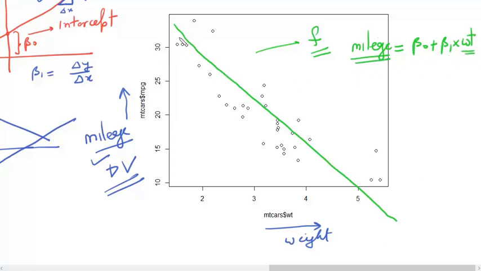Beta naught is again my intercept, which might be this point, so this distance is my beta naught. Similarly, beta 1 is my slope of the line, how much I rise for a unit increase in the x coordinate. You can see here it has a decreasing trend, and hence beta 1 will be negative in this case. So in a simple linear regression, beta naught and beta 1 are what we have to find.